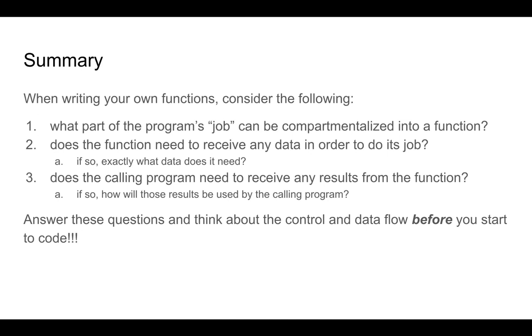You should answer these questions and think about the flow of control and the flow of data before you actually write any functions. Thinking about these questions while you're developing the design of a program will save you a lot of trouble later on as you're writing code and trying to get your programs to work.